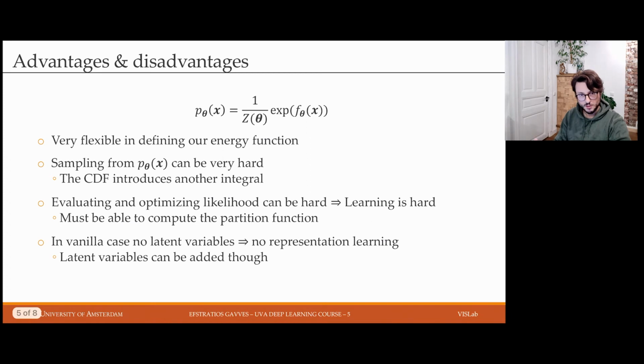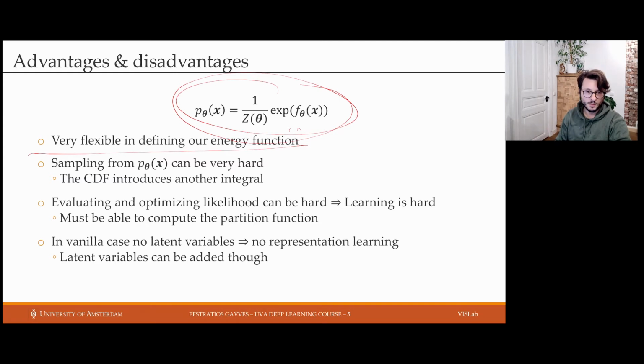So what are the advantages and disadvantages of energy-based models, of defining our neural network to return that kind of probabilities? The very good advantage is that it's very flexible in the definition, so we can basically define any type of distribution. Non-negativity and summing up to 1 is ensured like that.